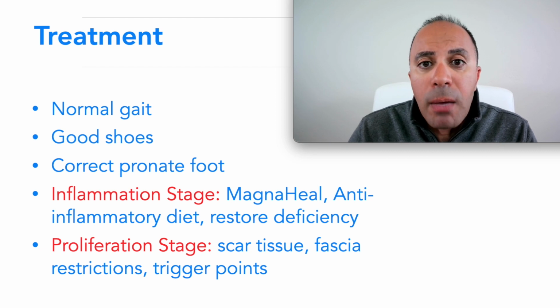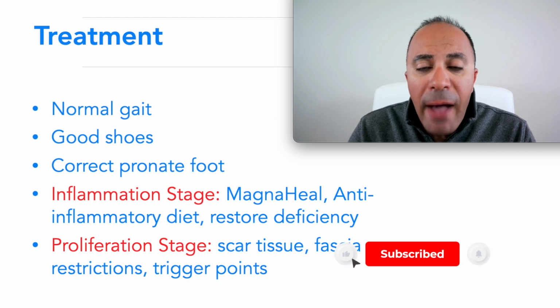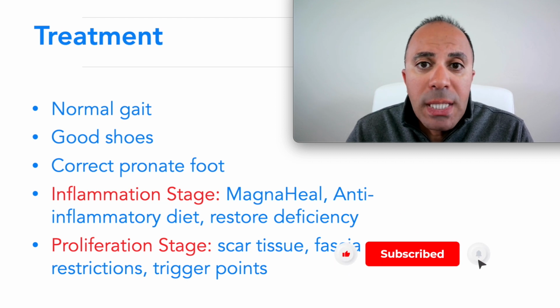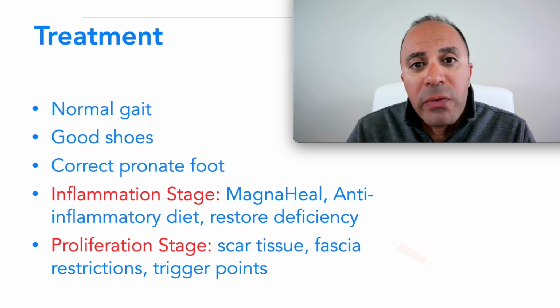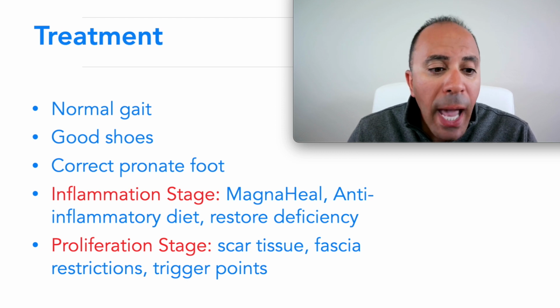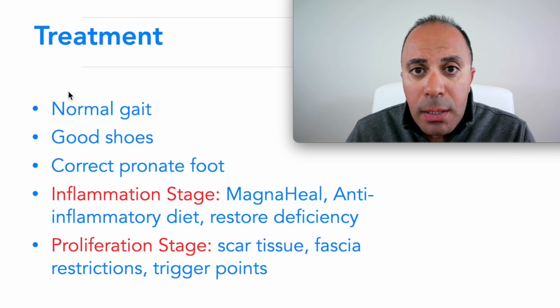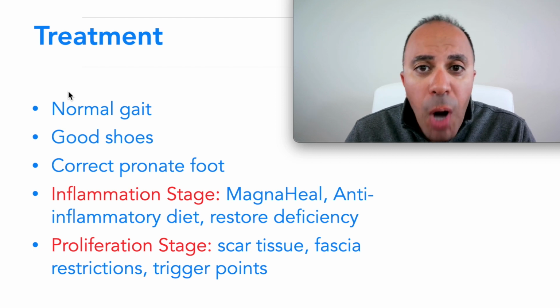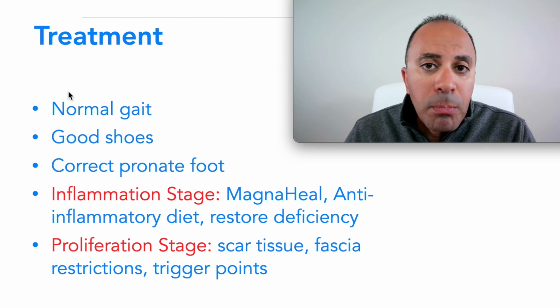At the same time, while doing the correction, we have to work on the inflammation and proliferation stage and clear it up. We cannot choose which part of the treatment to treat, because it's not going to work this way. We have to address all of these simultaneously for the best result. Because if you work on correcting your posture and doing exercises for that, those exercises will not break the scar tissue.